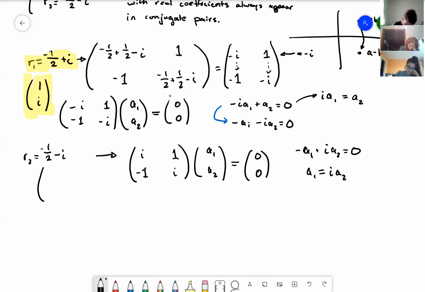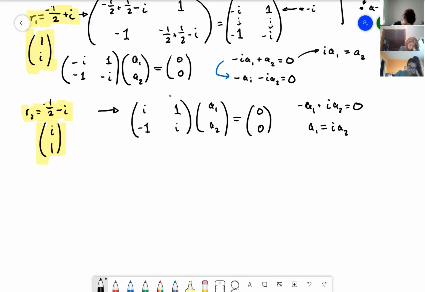So in this case, I'll treat A2 as arbitrary and A1 is determined in terms of it, so I get (i, 1). So this is my other eigenpair, a pair of an eigenvalue and an eigenvector.